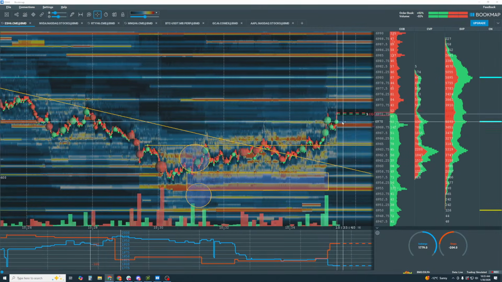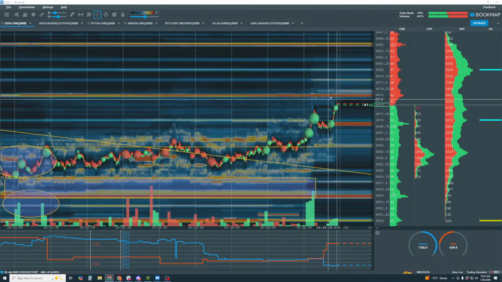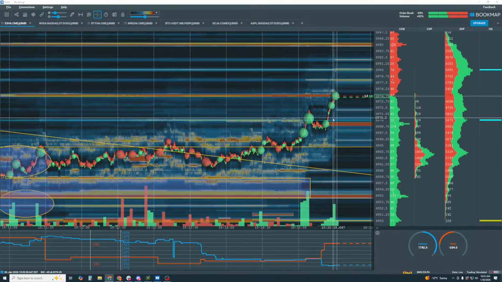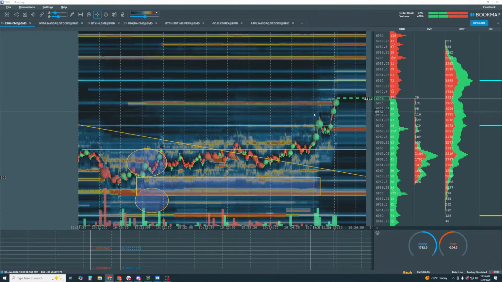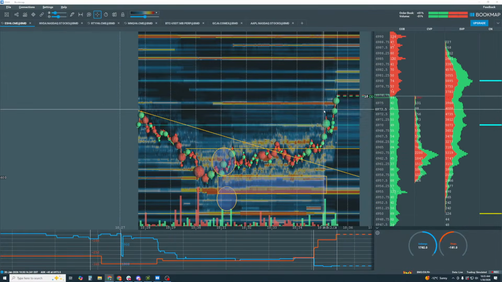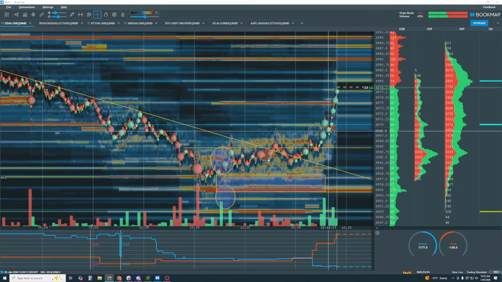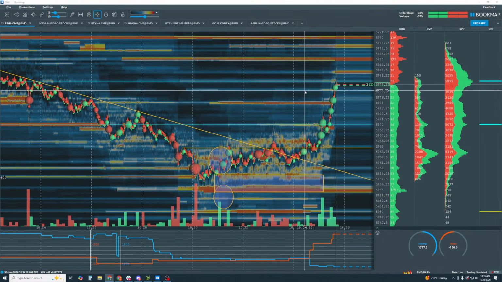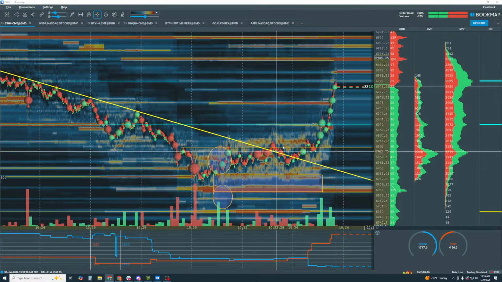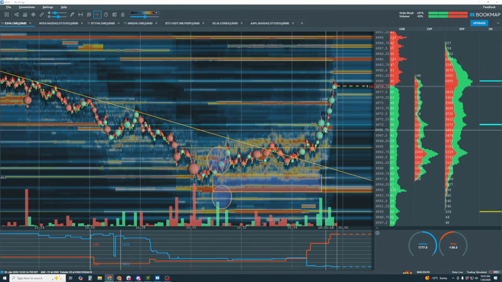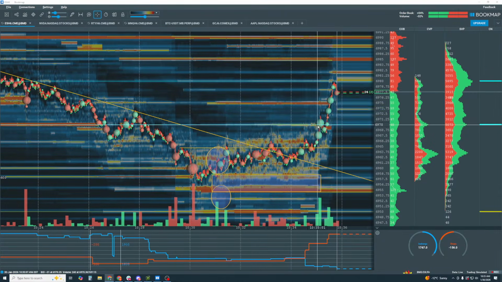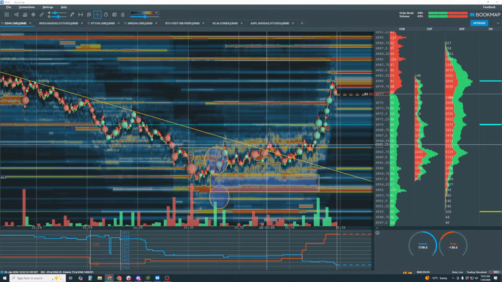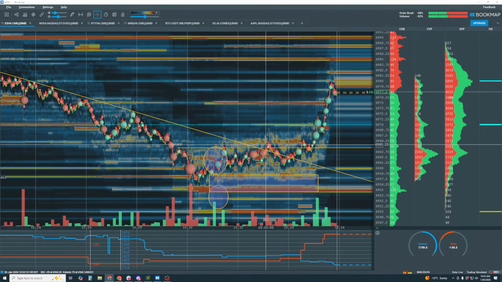Now there's a possible flag pattern on a pullback here, and then the move back up right here to 75. You have to be really quick on that though, but there it is. There's this small pullback and then the continuation. Anyway, the setup was there. It's tricky, right? The file that I gave yesterday is also tricky, but this is the environment.